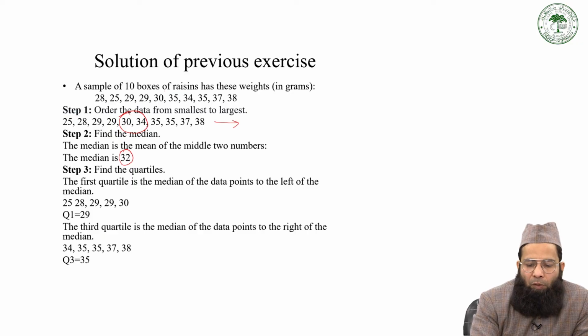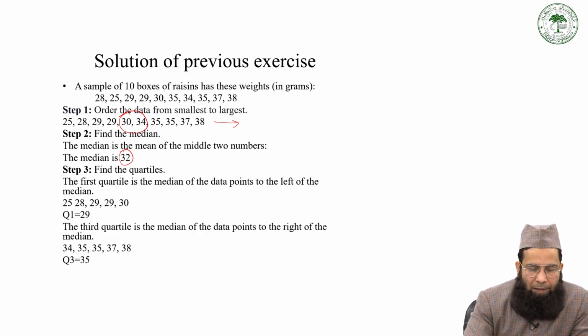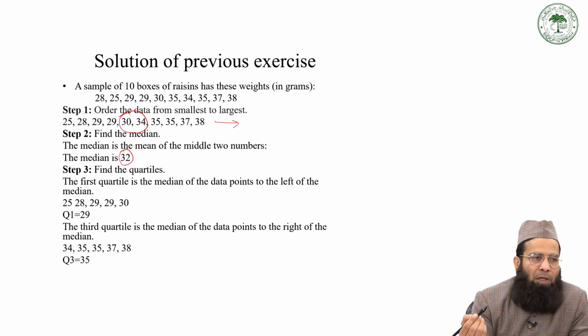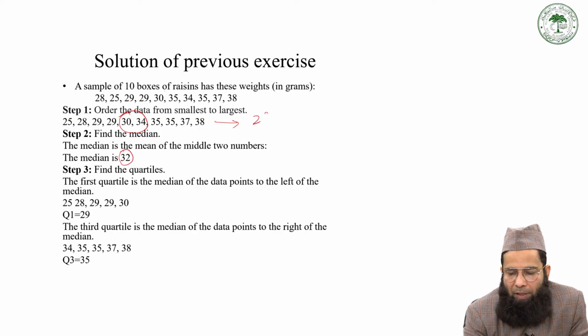Now you need to find the first quartile. The first quartile is the median of the data points to the left of the median. So what are the elements left of the median? The median is 32, so the values are 25, 28, 29, again 29, and then 30, right?